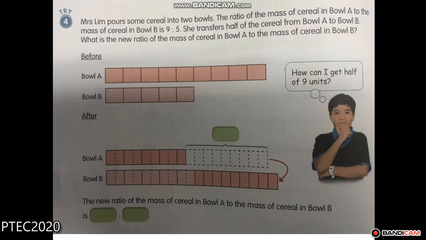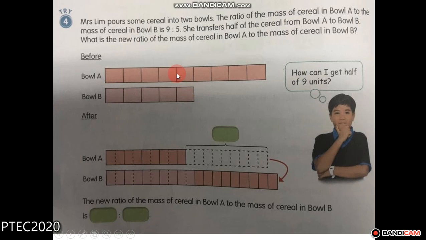So what is the new ratio of the mass of cereal in bowl A to the mass of cereal in bowl B? That is how you think. You need to think, how can I get half of 9 units? Because you need to transfer half of the 9 here to bowl B, right? So how can I get half of 9?